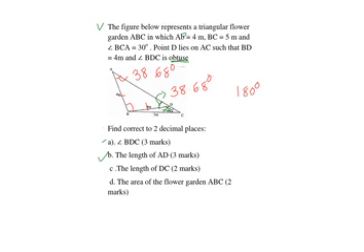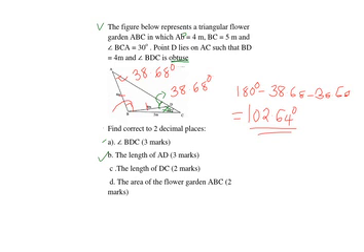So now we can get the value of angle ABD, which will be given by 180 degrees, the sum of angles in a triangle, minus 38.68 minus 38.68, and this will give us 102.64 degrees. So we have this angle as 102.64 degrees, and we want to calculate the value of AD.